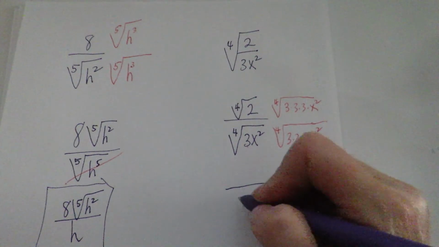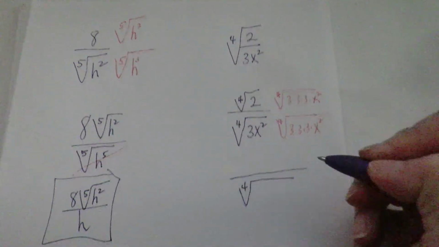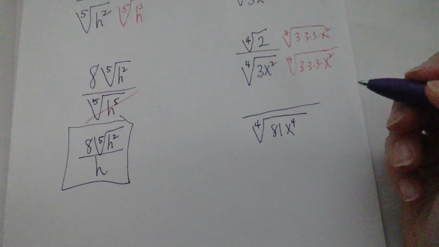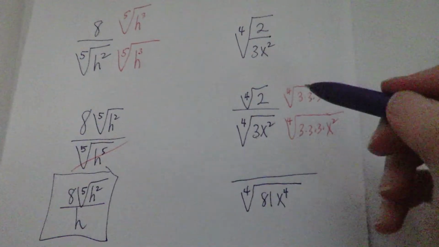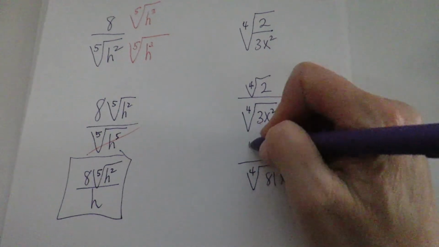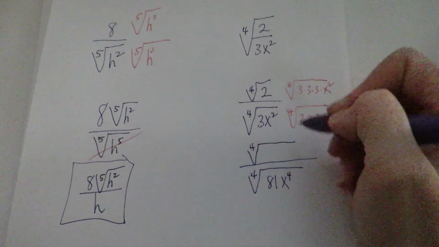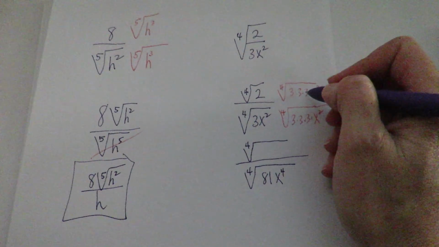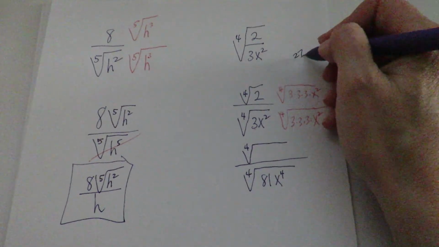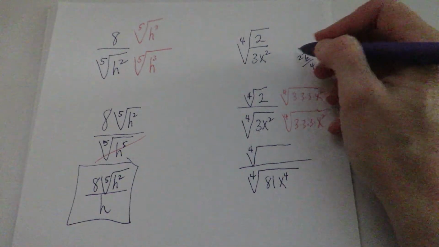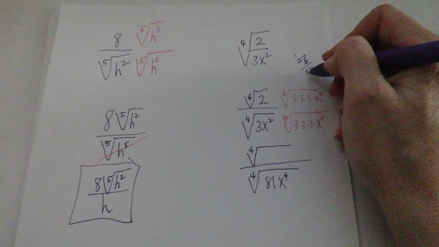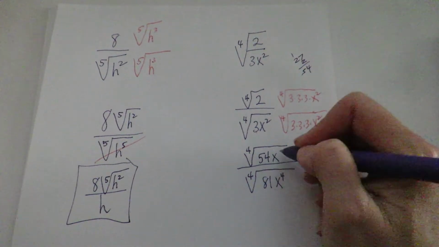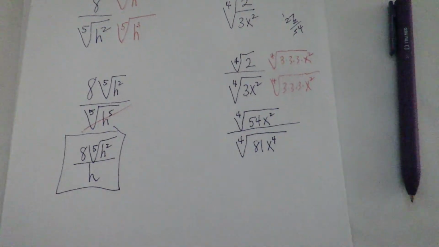All right, so now the denominator is a perfect 4th. So you have 81x to the 4th, which is perfect. And let's see what we got in the numerator. So these are both under, so you have to multiply them. 3 3s is 27, and then 27 times 2, what are we going to get there? 54. So we're going to get 54x squared in the numerator.